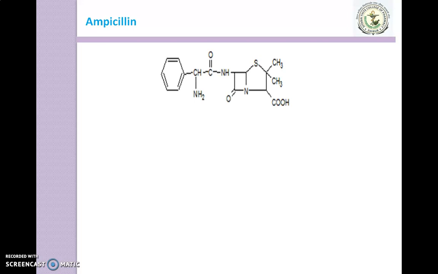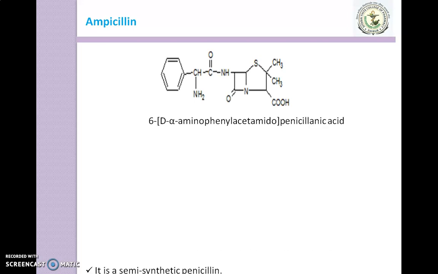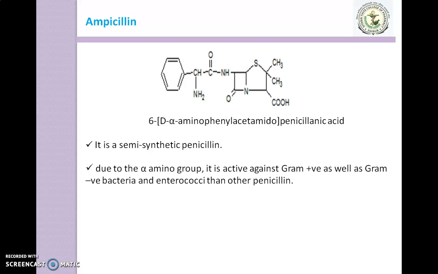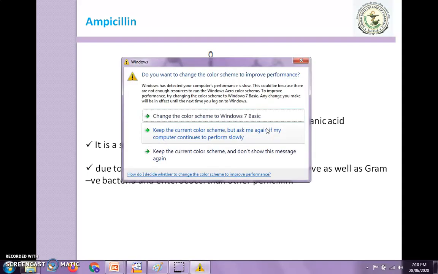The structure of ampicillin with its IUPAC nomenclature. Ampicillin is again an example of a semi-synthetic penicillin. Due to the alpha amino group, it is active against gram-positive as well as gram-negative bacteria and enterococci, more than other penicillins.